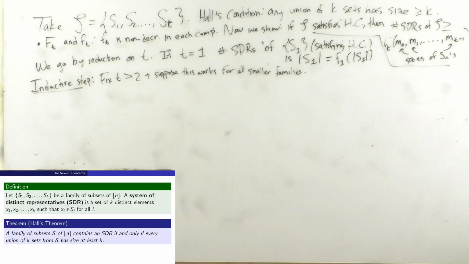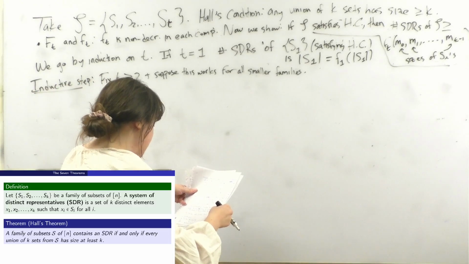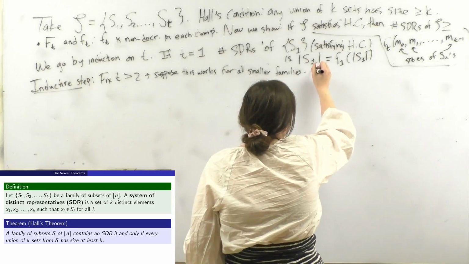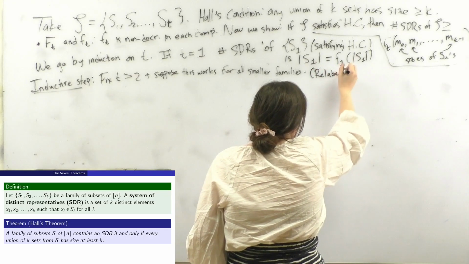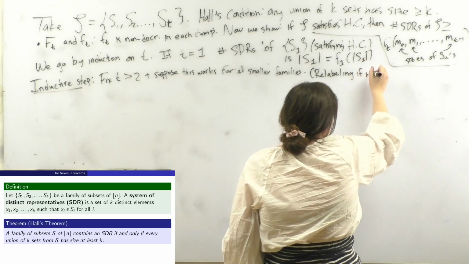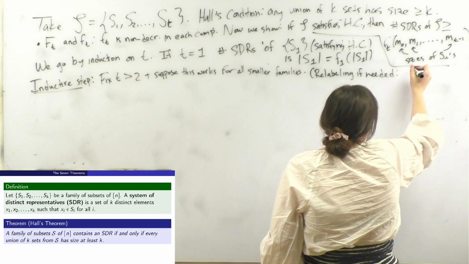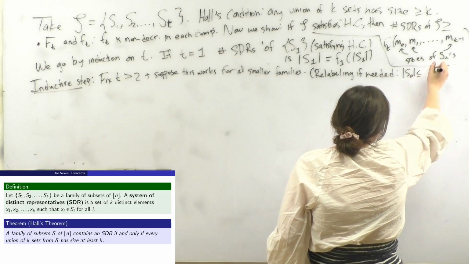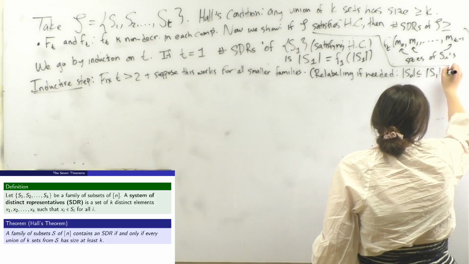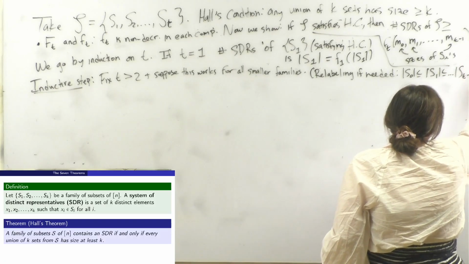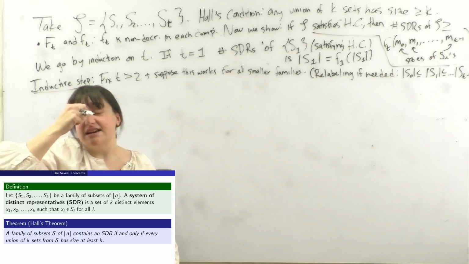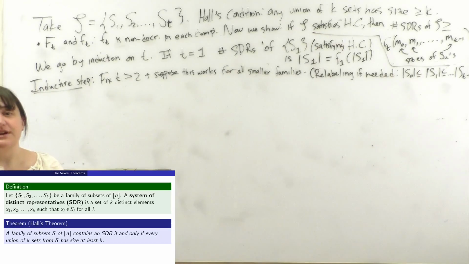Okay, so I'm going to have two cases. Relabeling if needed, my S sets are going to be indexed 0 to t minus 1, so they agree with my indexing on the f functions, and I'm just going to shuffle them around if I need so that they go in non-decreasing order of size.